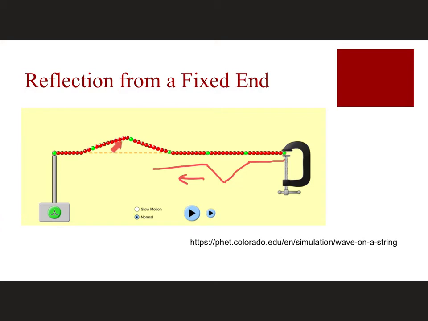So when my peak came down here and got to the end, we have Newton's third law happening. The wave is trying to pull the beads up, and then with Newton's third law, this is being fixed, so it then puts another force on them back down, and actually then the wave gets inverted.